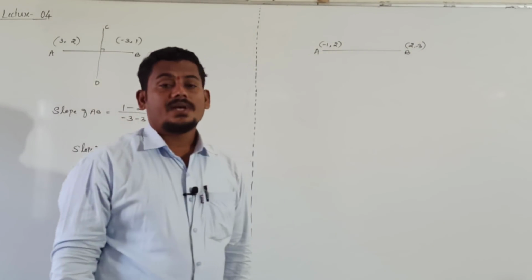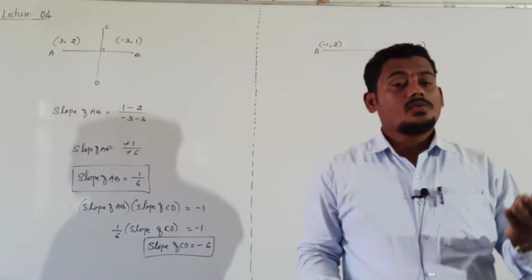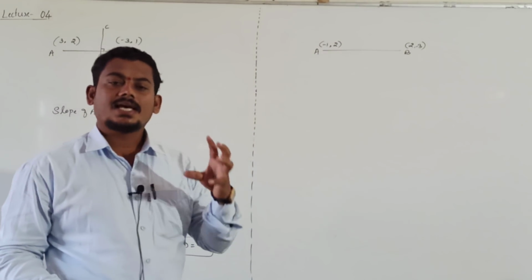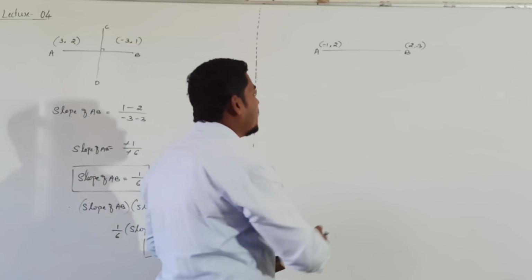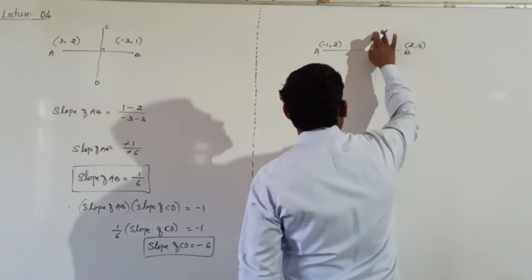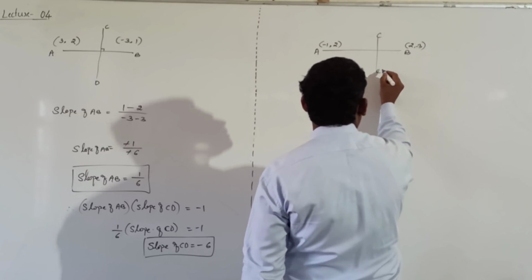In this case, what do we have to find? Find the slope of a line which is perpendicular to AB. Our required line is perpendicular to AB, and take this required line as CD.